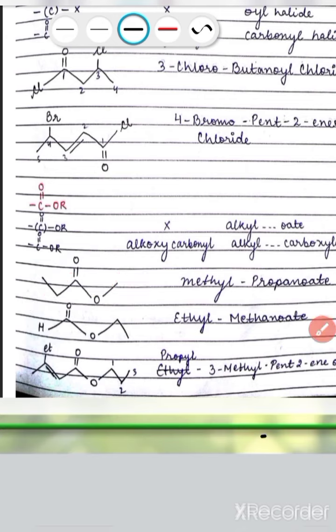Like for example, I'll show you. In this, here it is only 1 carbon, while here it is 2 carbon, but then too this will form the base name. I hope this is clear.